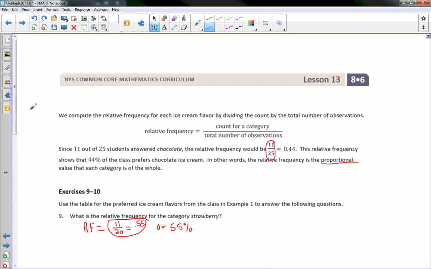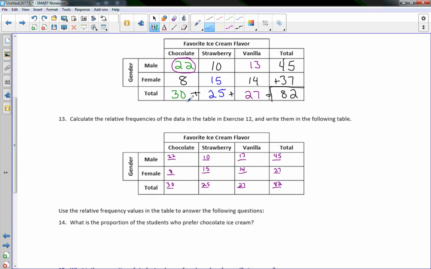Okay, so we always want to take the frequency and divide it by the total. So let's go back and look at that formula again. Relative frequency is count for the category over the total number of observations. Well, our total number of observations in this situation were the 82. So the count is how many males like chocolate? 22 out of the 82. So 82 is going to be my denominator in this entire table. Just going to repeat 82 over and over.